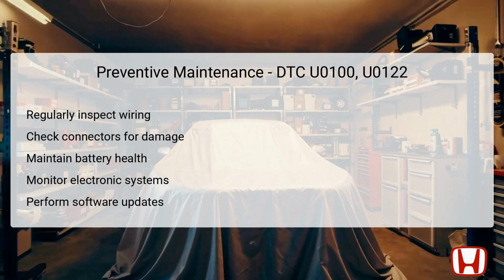Check all connectors for signs of loosening or damage, as they are pivotal in maintaining connectivity within various control units. Additionally, maintaining the health of the vehicle's battery can significantly affect the power source for these control units. Monitoring the functioning of electronic systems and conducting timely software updates will also contribute to enhanced performance and reduced risk of communication failures in the future.